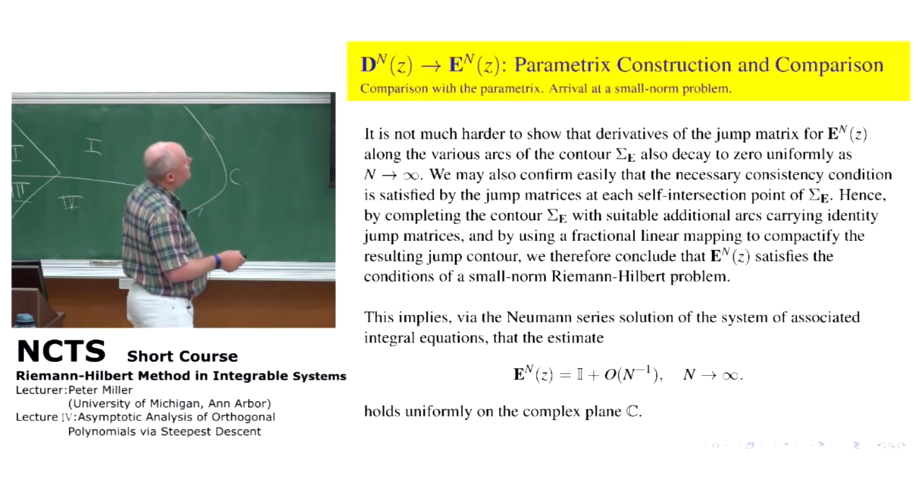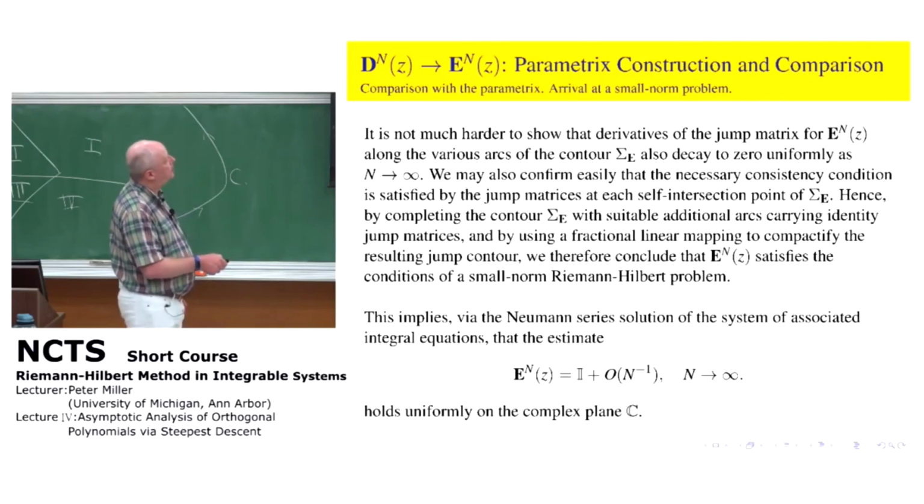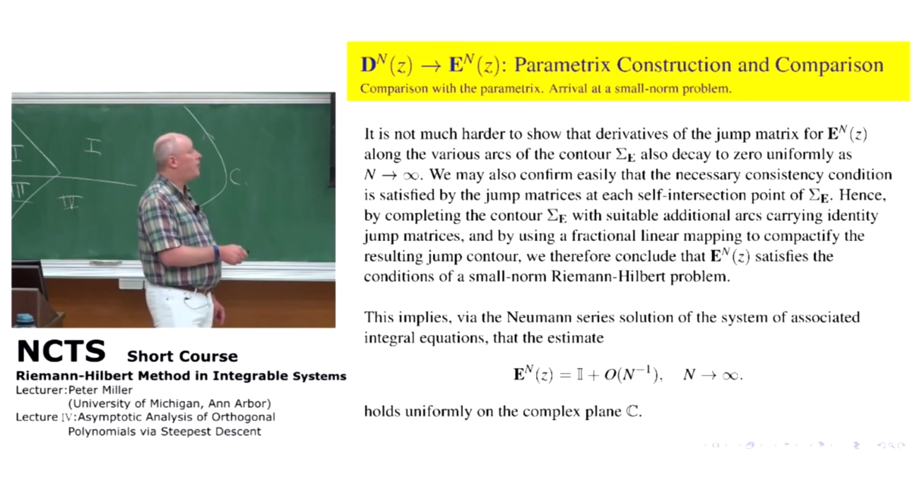Okay. So by completing the contour sigma E with suitable additional arcs that carry identity jump matrices, and by using the fractional linear mapping to compactify the jump contour, we conclude that this En of z satisfies the conditions of a small norm Riemann-Hilbert problem, and that's something that we can then solve with the Neumann series.